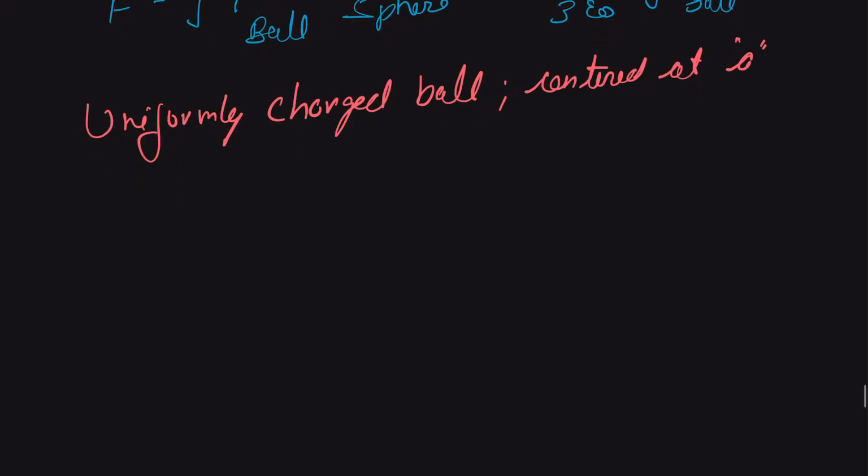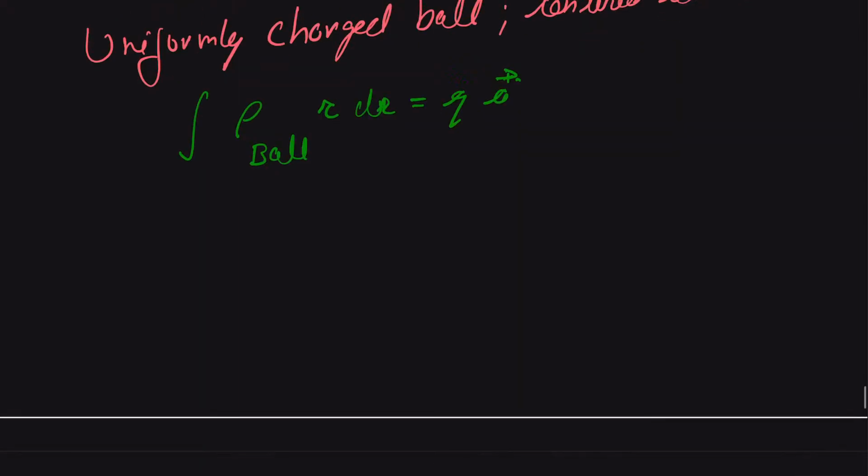The integral of the density of our ball times r dr will be equal to the charge multiplied by the radius, which in this case is our A unit vector. Therefore our force will be equal to rho upon 3 epsilon naught times the charge and the A unit vector. And this is nothing but the force of a point charge Q at r equal to A.